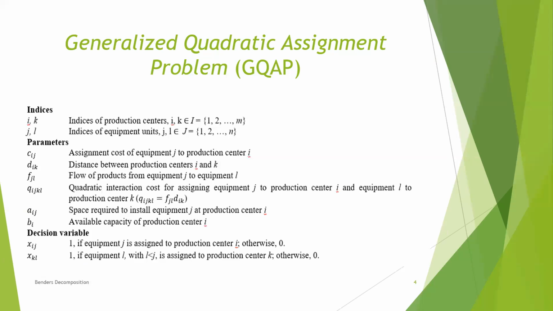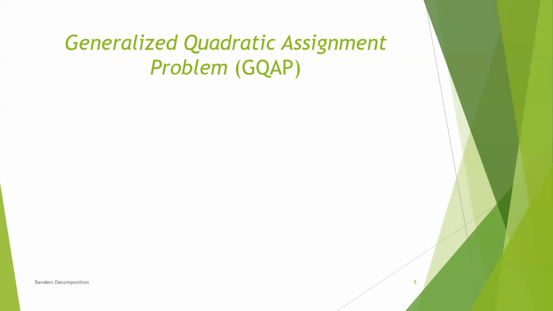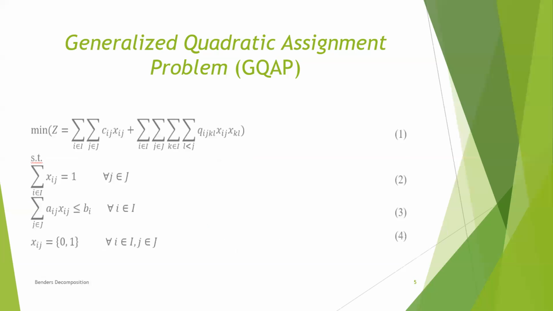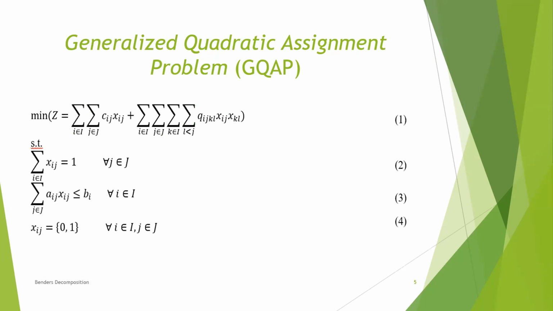Each equipment has a space requirement, which can be considered as a demand, and each facility, each center, has a capacity, and we need to assign equipment to the centers, where we have an objective function that includes two terms.